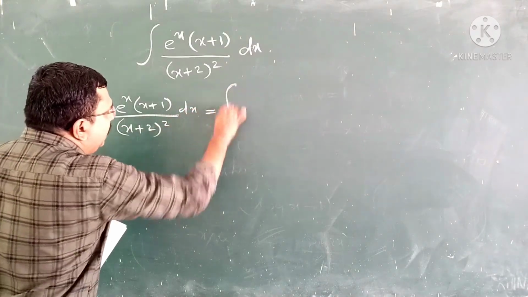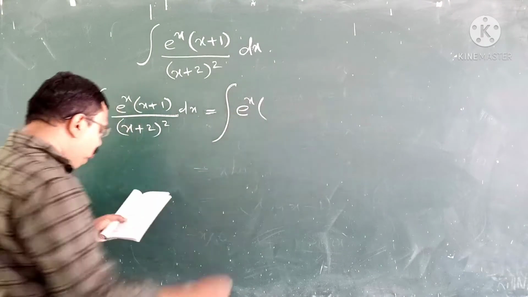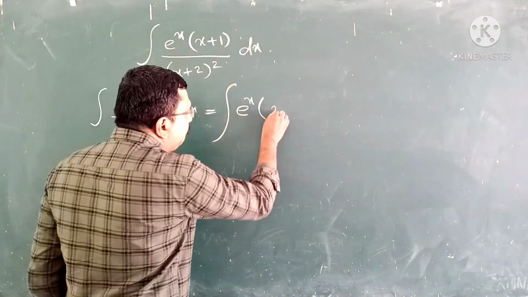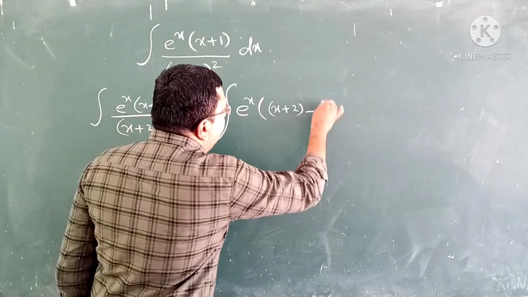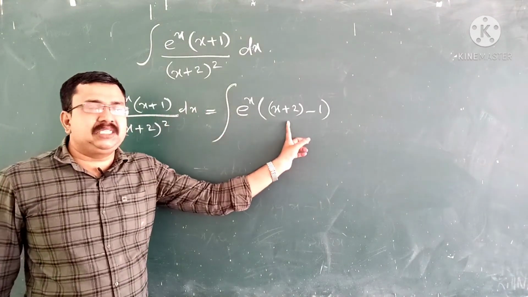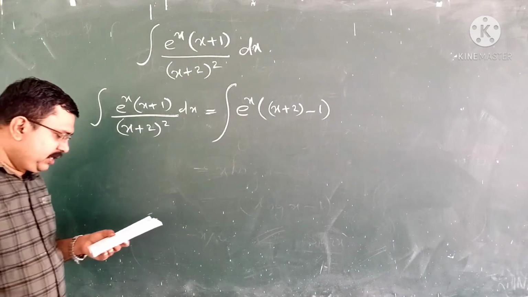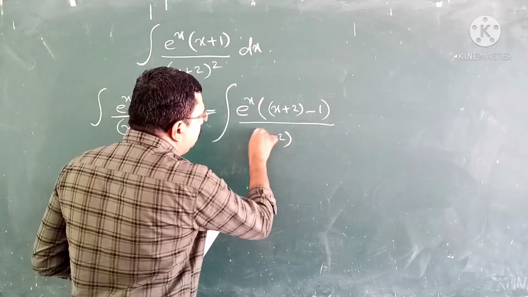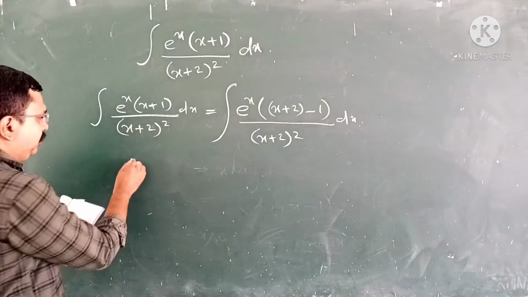This can be written as integral e raised to x into, this x plus 1 can be written as (x plus 2 minus 1) divided by (x plus 2) square dx.